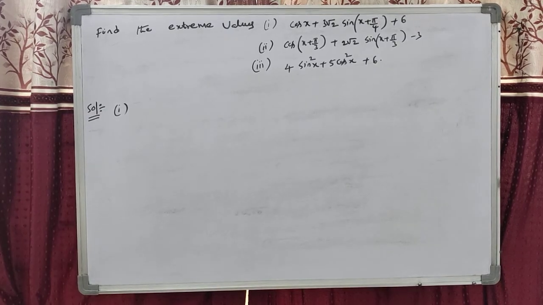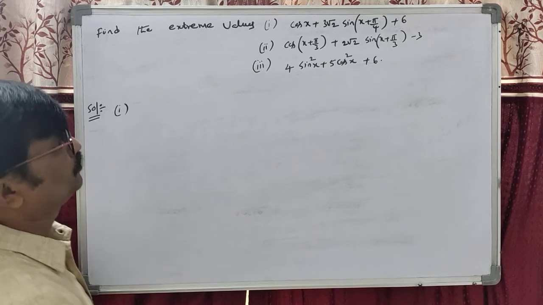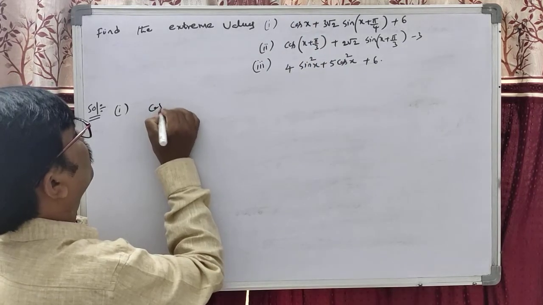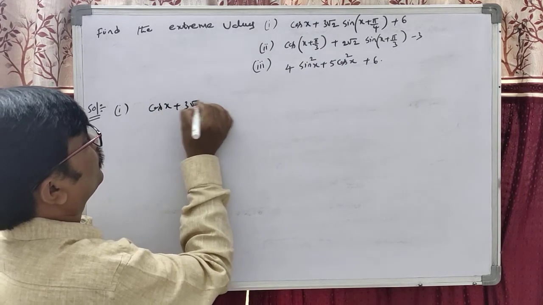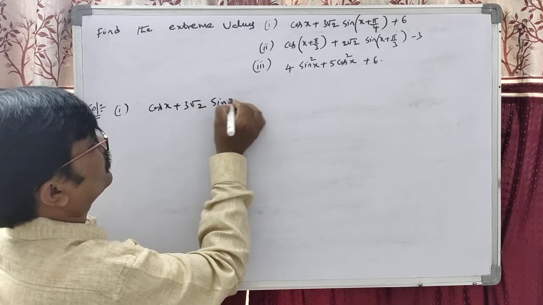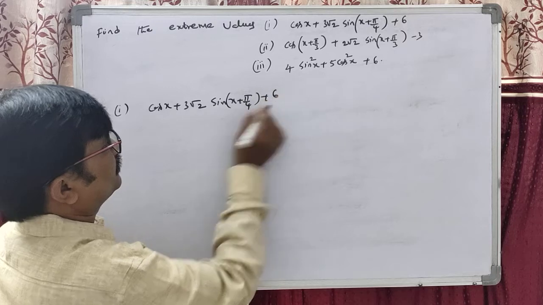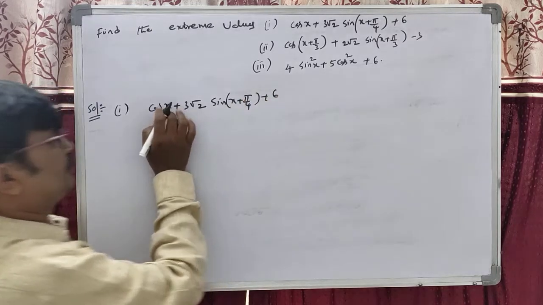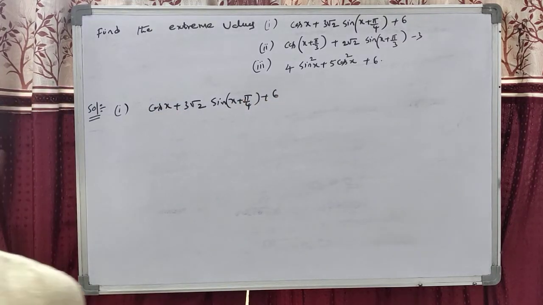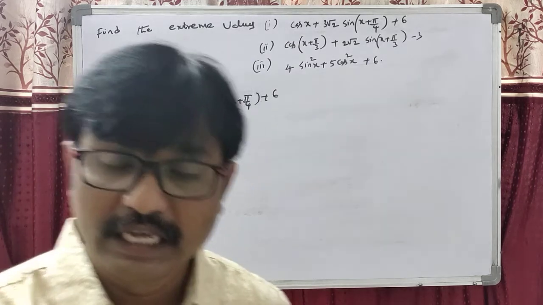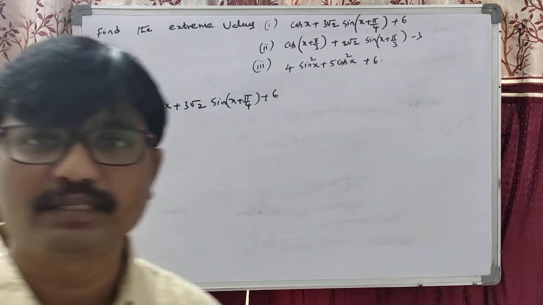Now students, the first question is there: cos x + 3√2 sin(x + 5π/4) + 6. This is x + 5π/4, so we have to compare with a cos x + b sin x + c.